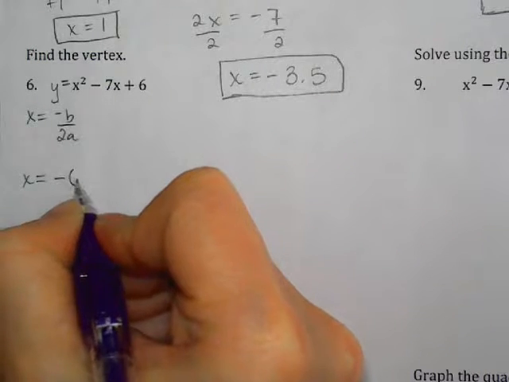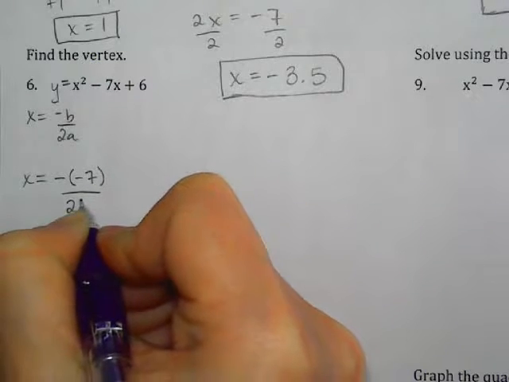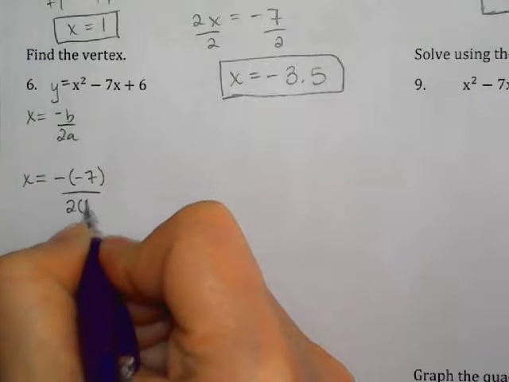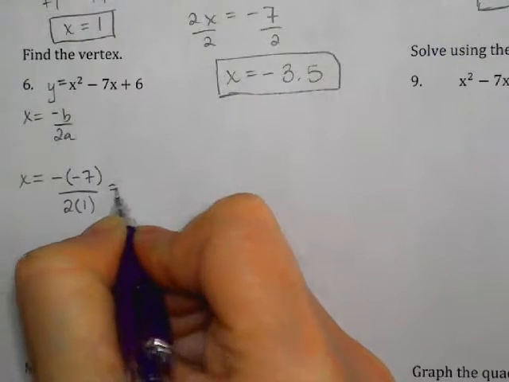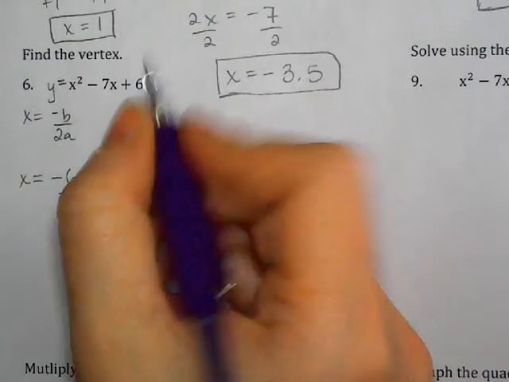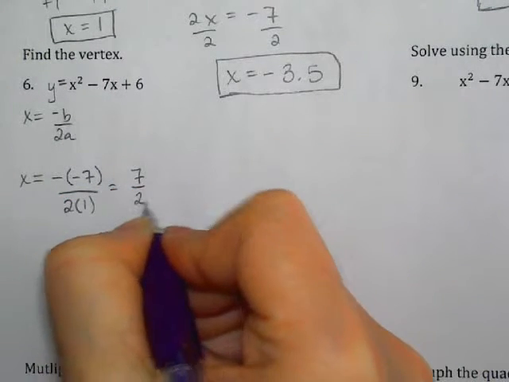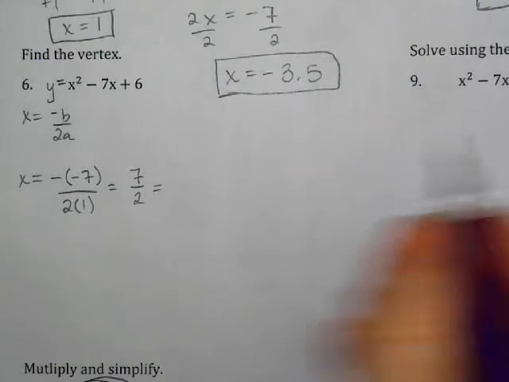So I need to put in parentheses negative 7, and then all divided by 2a, and what is a? 1. Okay, so if I have a double negative 7, what is that? Positive. And then 2 times 1 is just 2. So 7 divided by 2, 3.5.